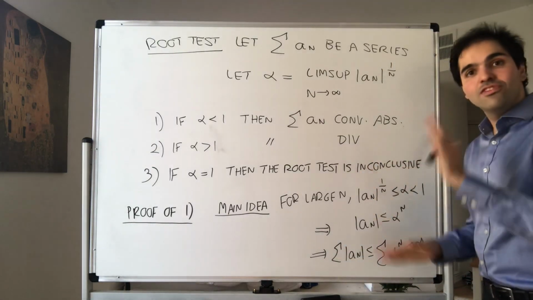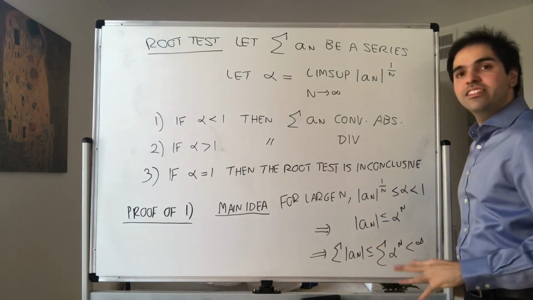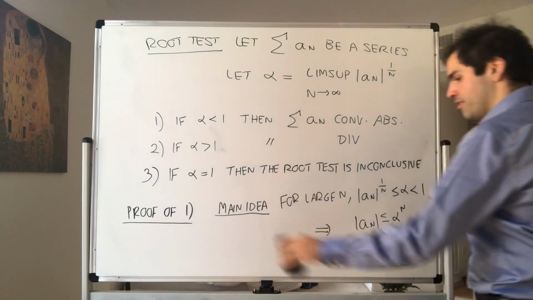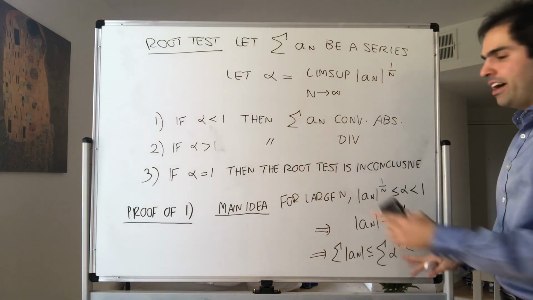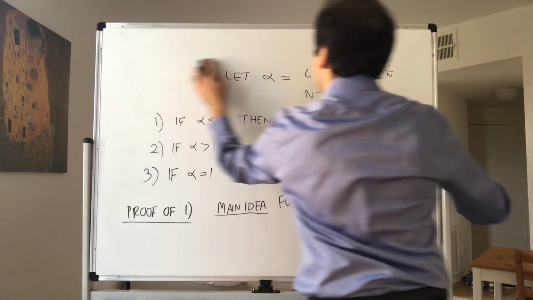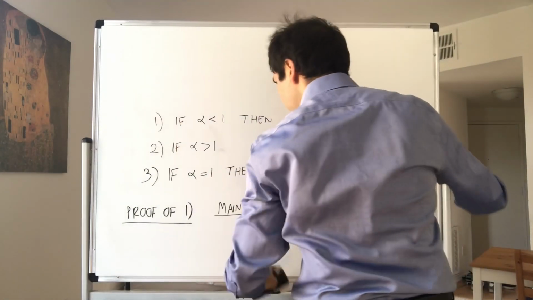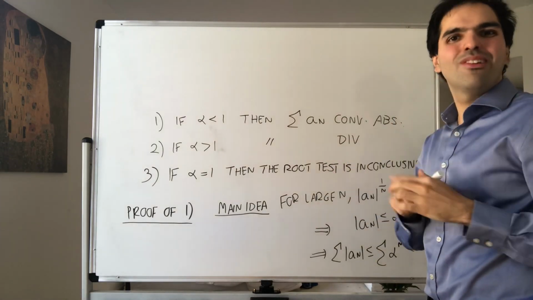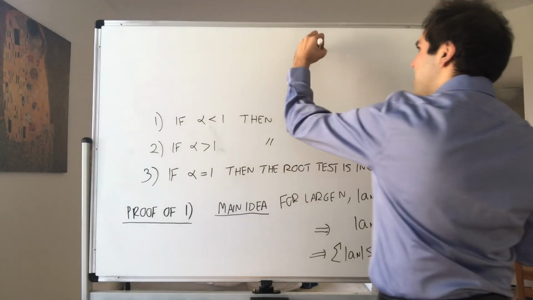But again, that's very hand-wavy, and this is not necessarily true. That's why we have to do it more rigorously, but again, just to keep in mind what is going on. All right, now, here is the thing. In fact, the proof is similar to the proof of the ratio test.